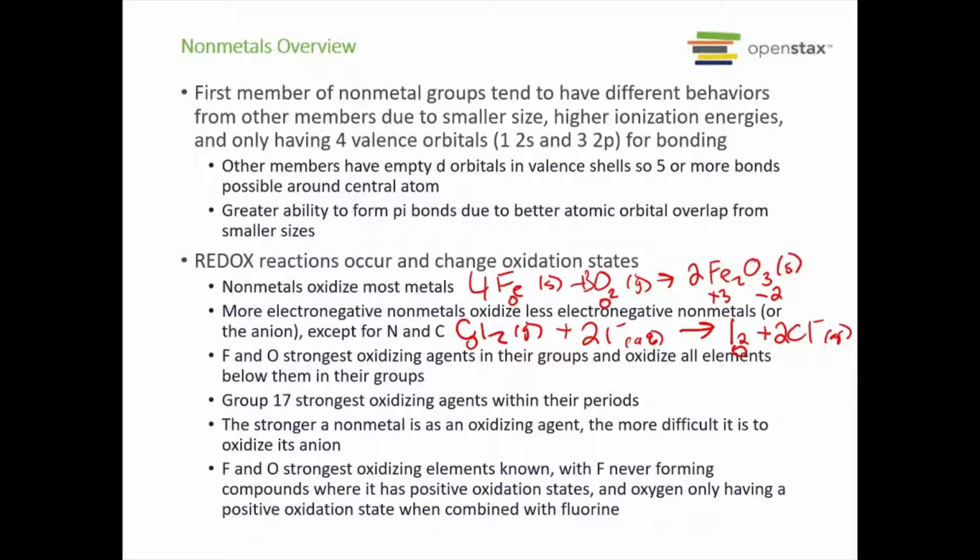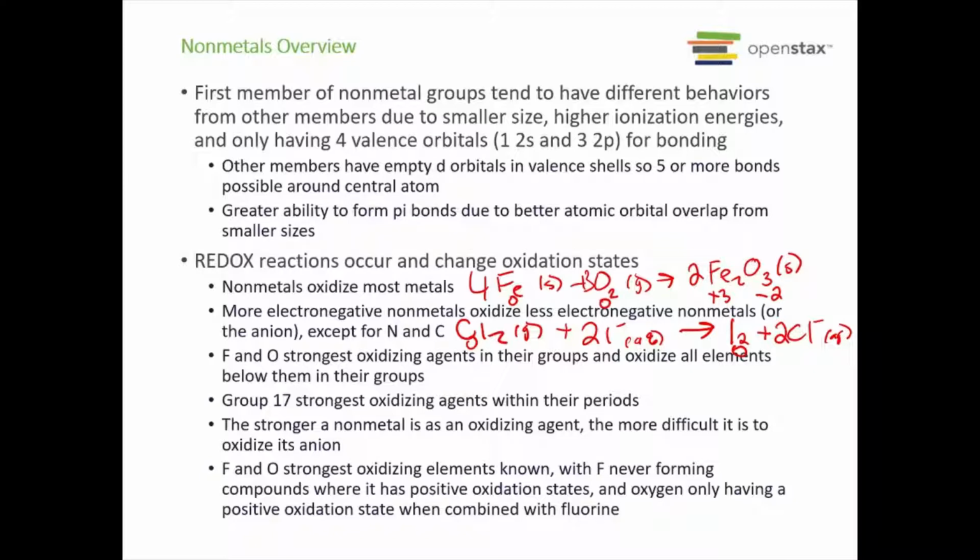Fluorine and oxygen are the strongest oxidizing agents in their groups, and these oxidize all elements that are below them on the periodic table. Group 17 has the strongest oxidizing agents within their period.